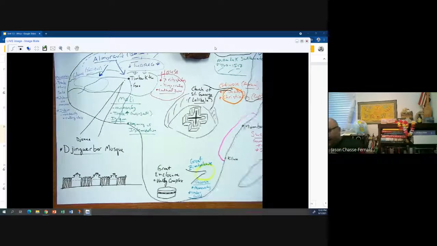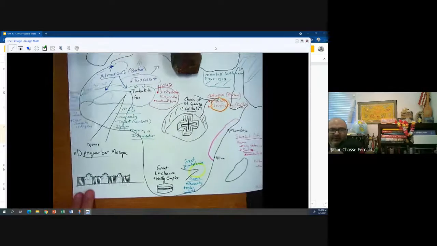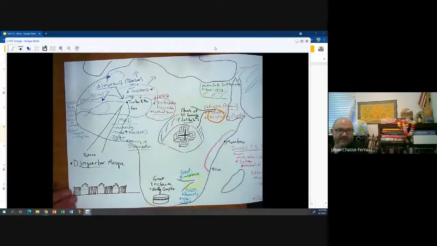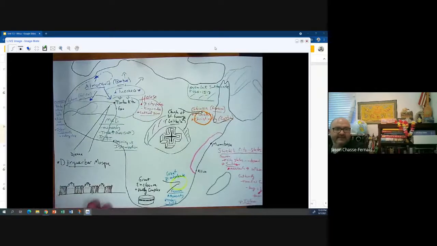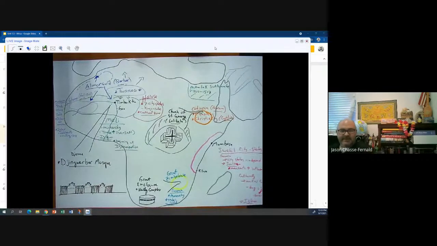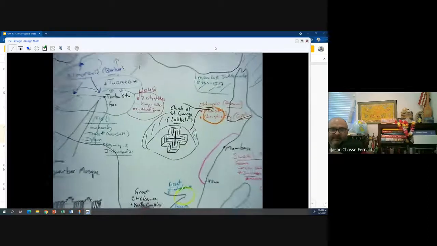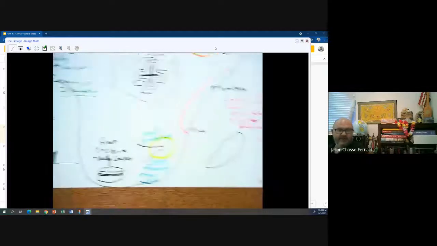If you need to pause on this, I'll zoom out and give you a big picture, and then I'll zoom in and scoot around a little bit in case you need to get any of this. There's your big picture. Then I'll zoom in and move the map around and pause for a second or two. There's your southern part of the map.